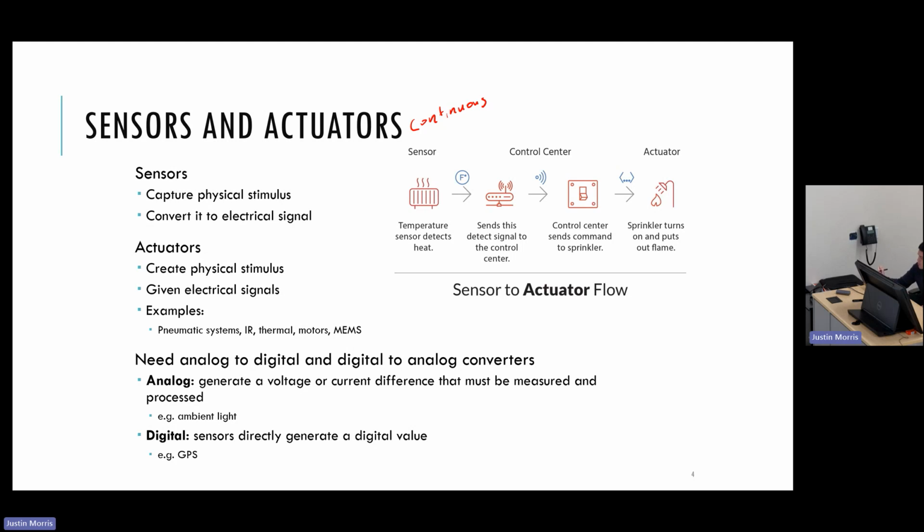And then in order for our Arduino or whatever our embedded platform is to understand that signal, it needs to be converted to discrete, right? And then for our actuator to then modify the environment, the signal is then converted back to continuous again.